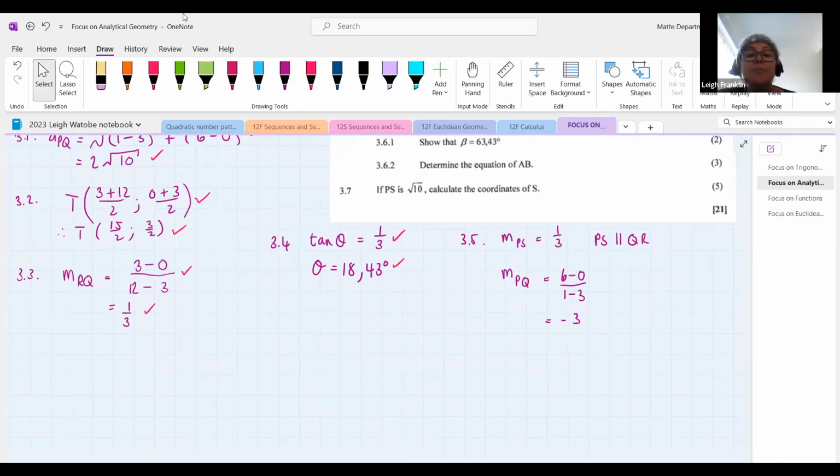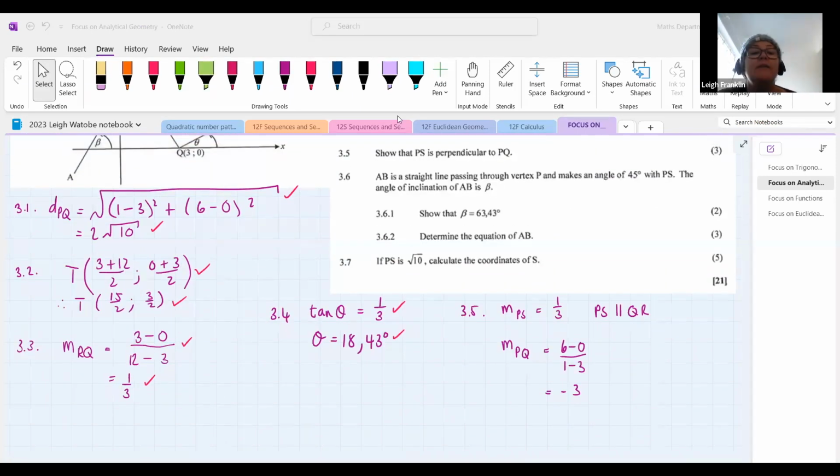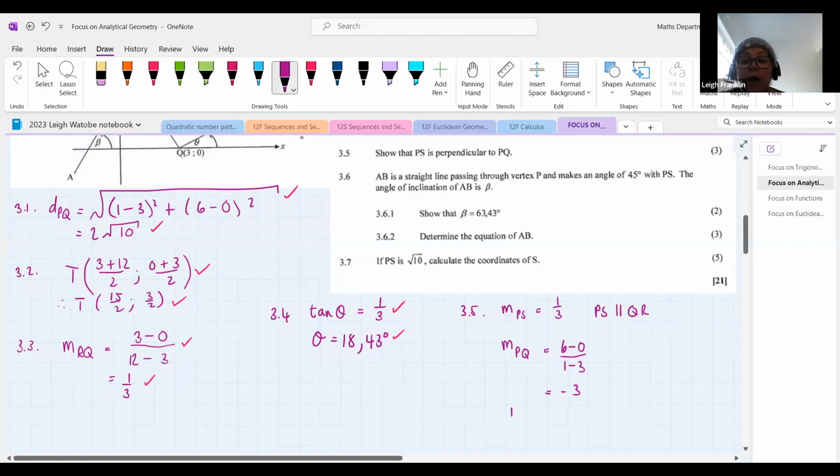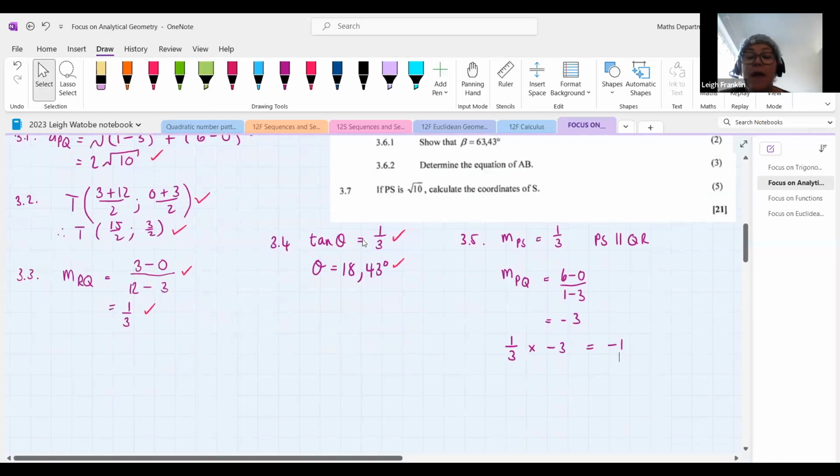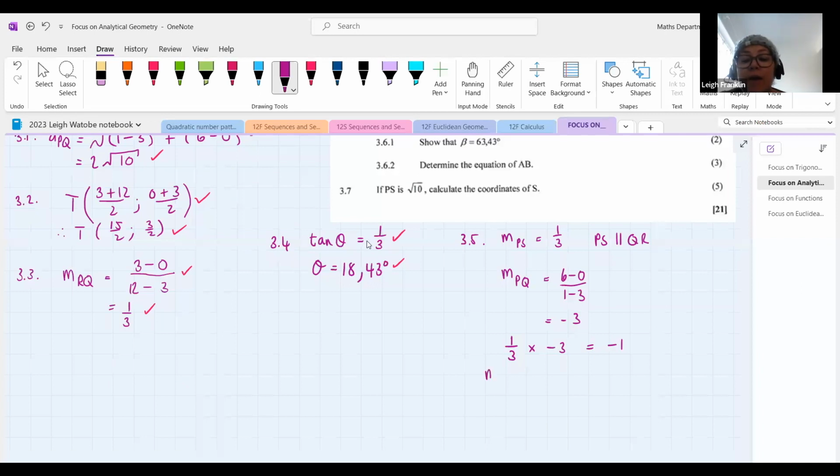Okay, perfect. So now when we look at the numbers that we've got, we can say a third times -3 is -1. That means that the gradient of line PS times the gradient of line PQ is -1.